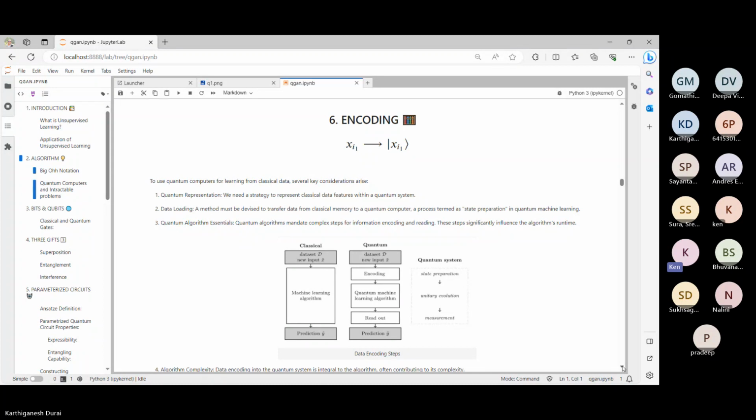Okay, and these steps, or what we need to consider, I've listed here as 1, 2, 3, up to 5, these 5 points. So how it's represented, the quantum state representation, the data loading, quantum algorithm essentials, like what algorithms are we implementing here, basically. The algorithm complexity: does the encoding process grow exponentially, taking away any quantum advantage, or does it not?